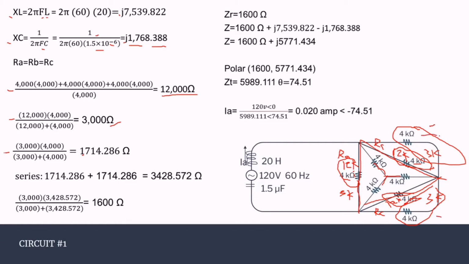Since they are in series, we're going to use the series formula for this. So we're going to add them both. 1,714.286 plus 1,714.286 is equal to 3,428.572.